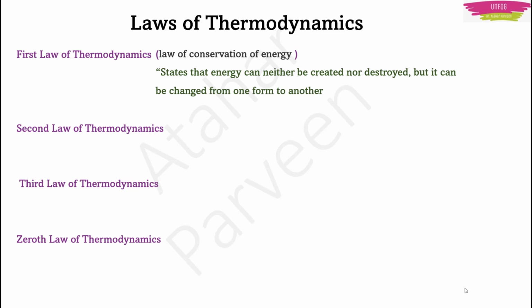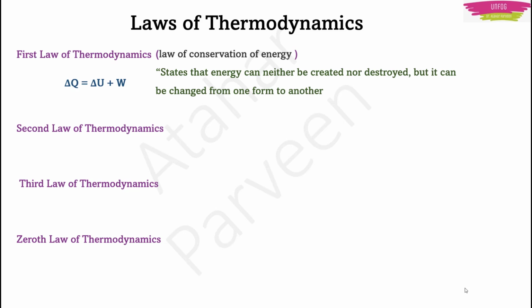So what does first law state here is that, see, if a body has heat energy, which we denote as Q, right? If there is heat energy supplied to that body, that heat energy will not disappear anywhere simply like that. It will be used by that body in two ways. It will be used as internal energy and as work done.